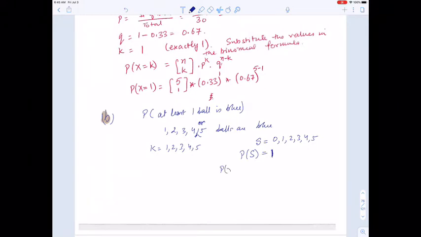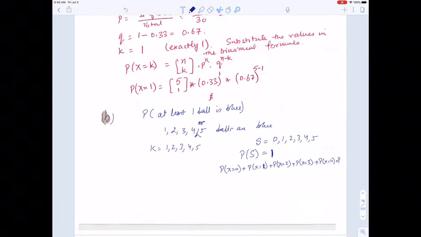That means probability X=0 plus probability X=1 plus probability X=2 plus probability X=3, and so on, must all be equal to 1. Correct?